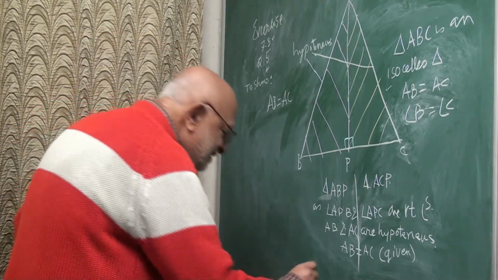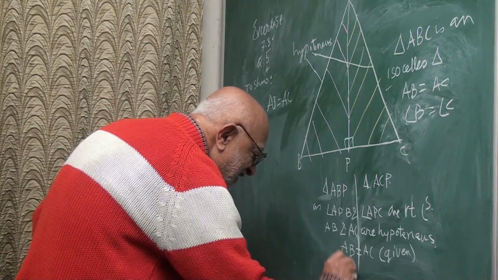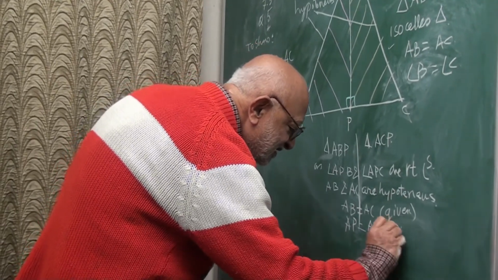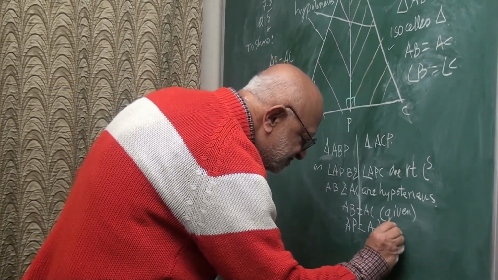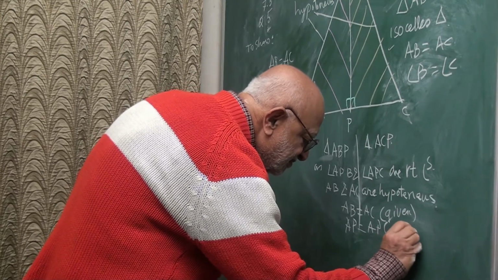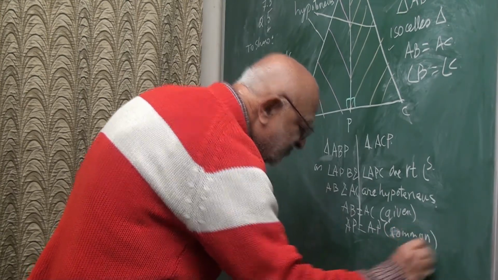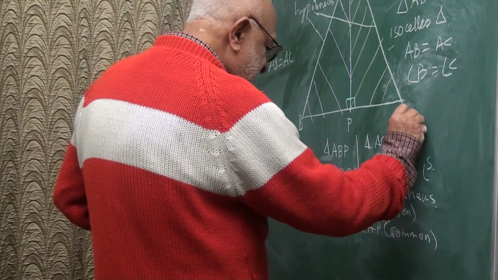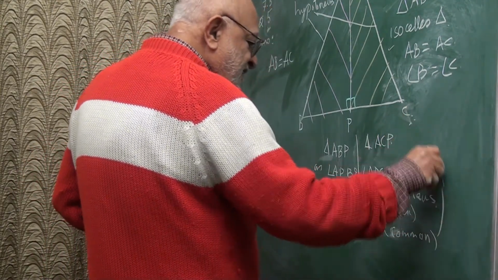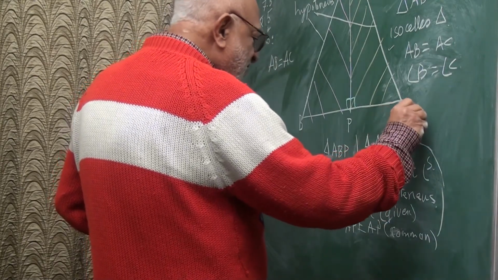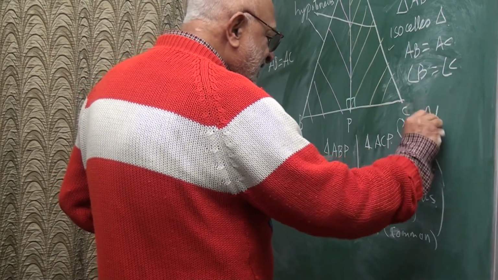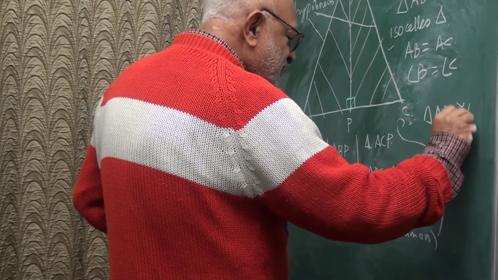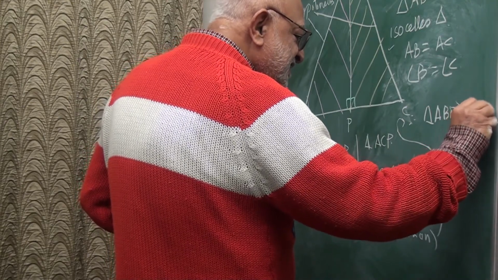And AP is equal to AP, that is common. Therefore, triangle ABP is congruent to triangle ACP.